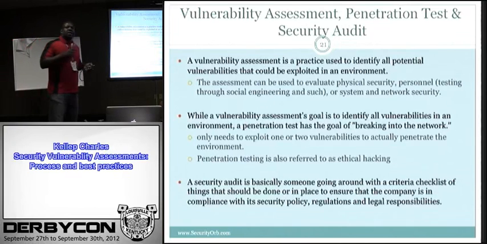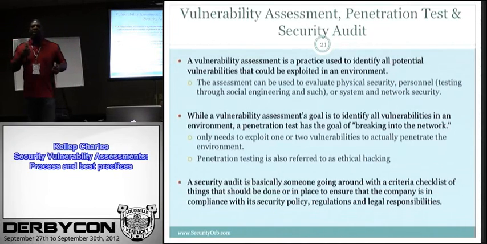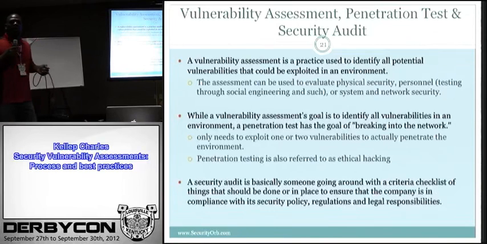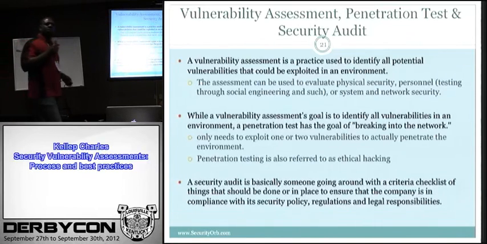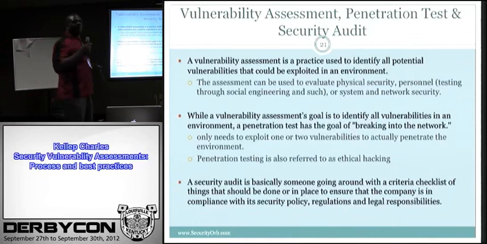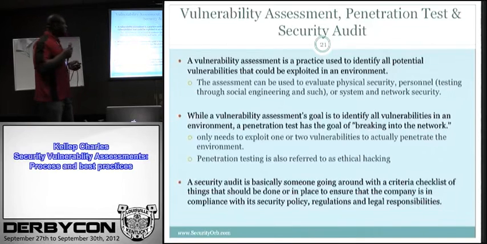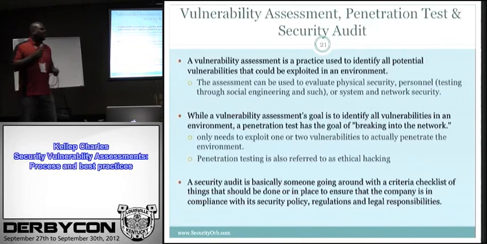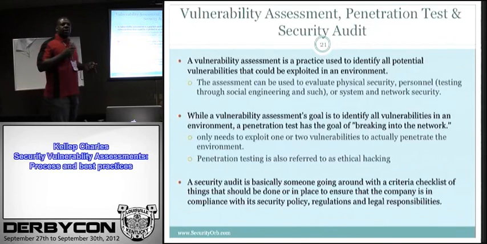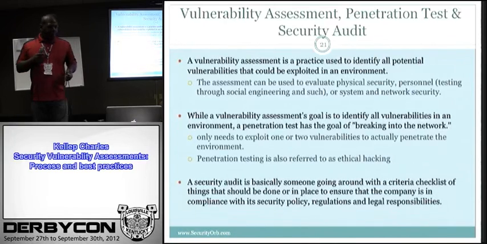With pen testing, you're mainly just trying to break into the system, so you may only discover one or two vulnerabilities, but you want to prove that you can break in. And a security audit is more of a questionnaire type thing. You have the NIST 800-53 questionnaires, and you go through the process of asking the questions and making sure that the client, or the assessee, is in compliance.